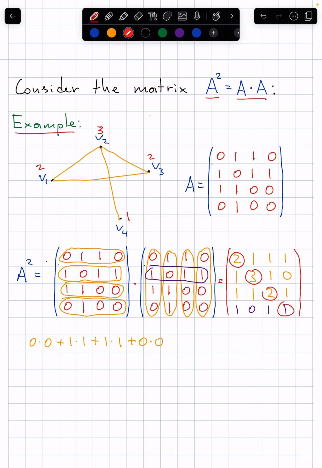So let me write that: diagonal entries are the degrees of the vertices.